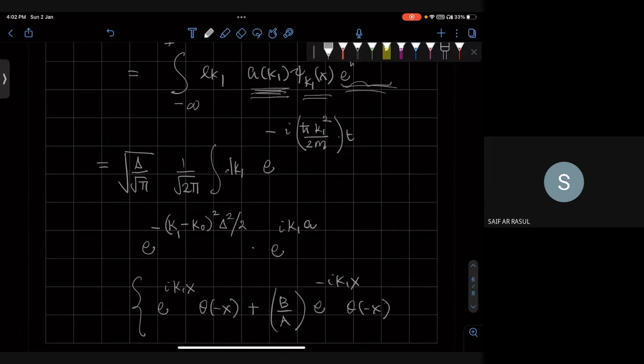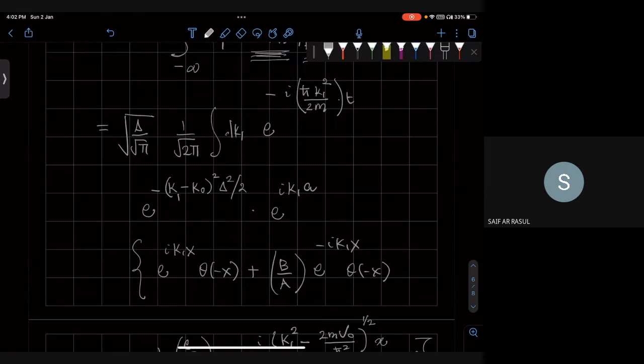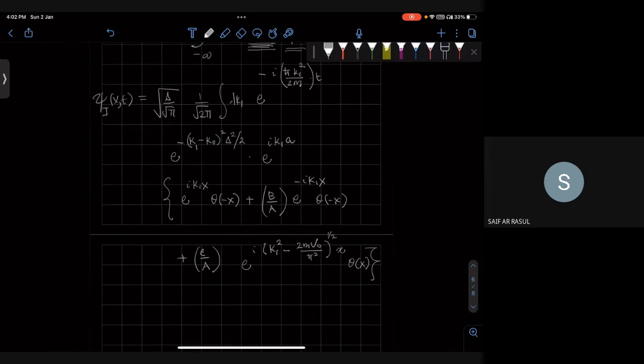This gives us the expression for psi I at a future time t. Okay, so this is the formal expression. We now have to simplify it. Any questions about it?